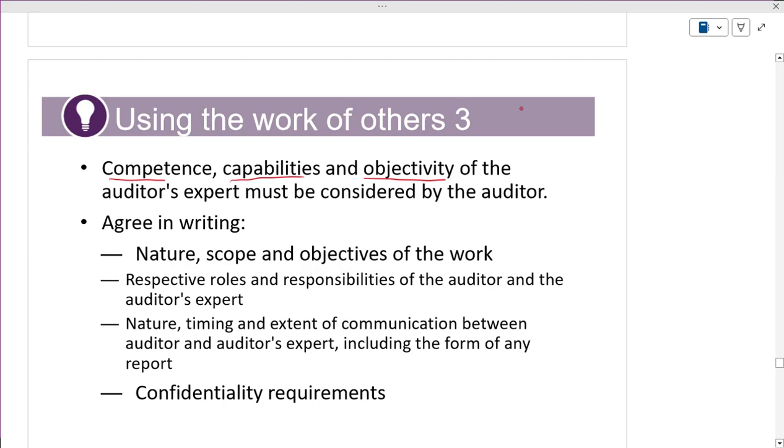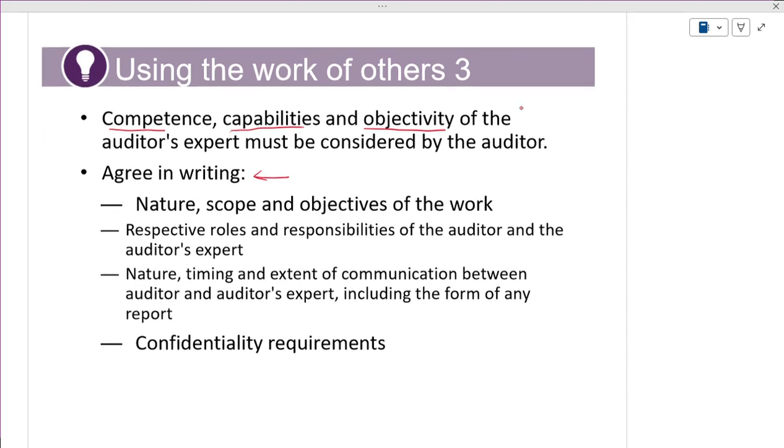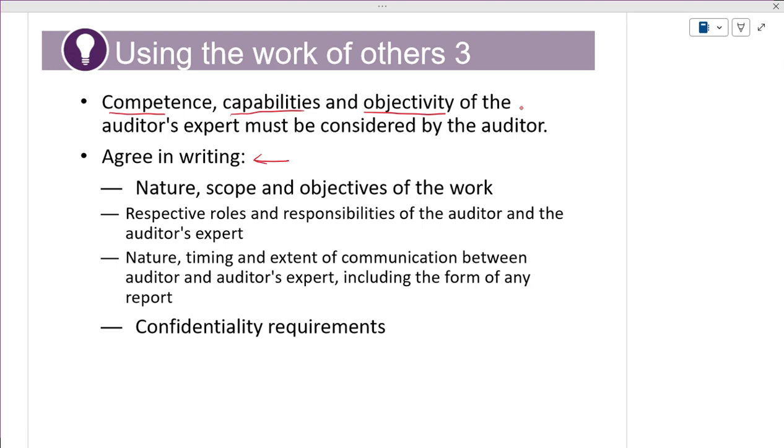Experts must be considered, agreeing in writing the terms and conditions: what is the nature, what is the scope, how much they are doing, and what is the purpose. Respective roles and responsibilities: what is the role of the auditor and the role of the expert? What auditors want to do and what experts have to do. Remember this. This is what we have to write.